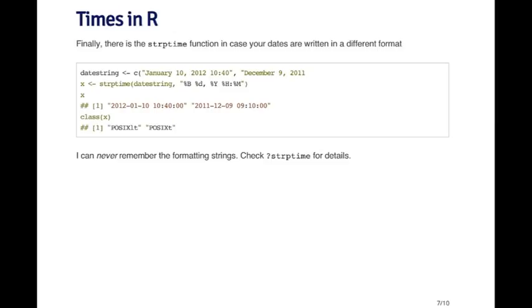When I look at the class of this object, you'll see it's in a POSIXlt format, and so that's the kind of underlying list format here. Now, I personally can never remember what those formatting strings are, the %B, %d, %Y. I always have to look at the help page for strptime to remember what those details are.